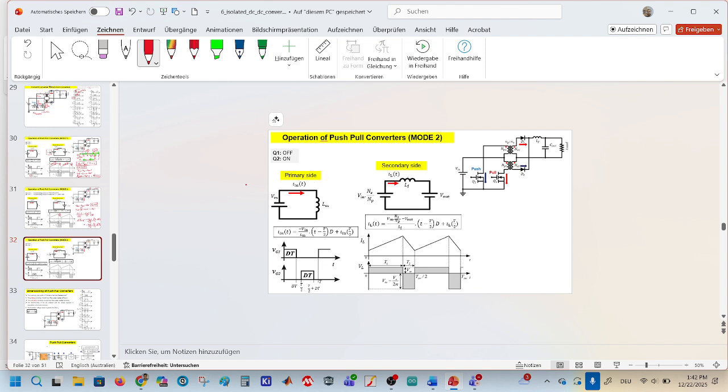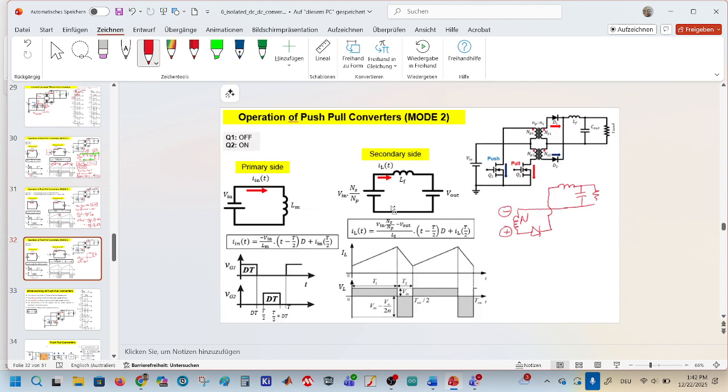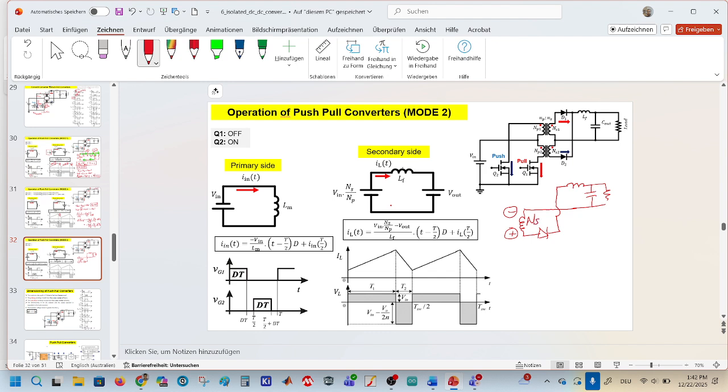Just we use the other half of the circuit that is placed on the secondary side, and this was now plus minus N. Let's zoom in to see that this is defined as N is 2, D2, V of X, V out, and so the current flows again like that.